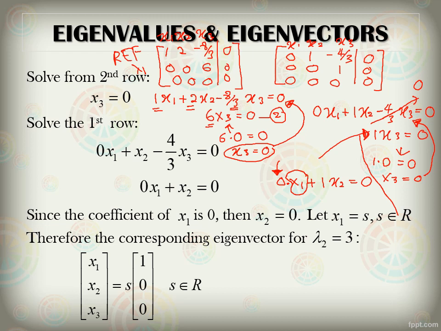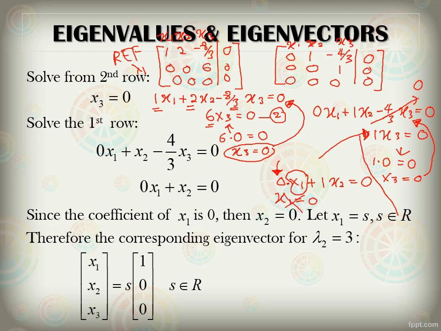So in this case, when one of the variables has 0 coefficient, you cannot simply declare that variable to be 0. In this case you cannot declare that x1 equals 0.